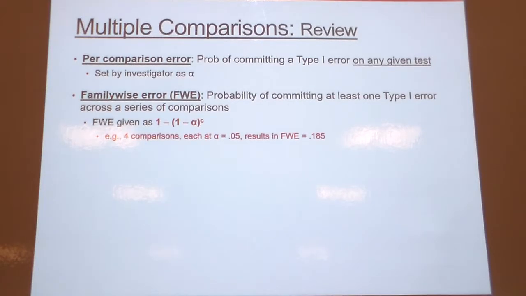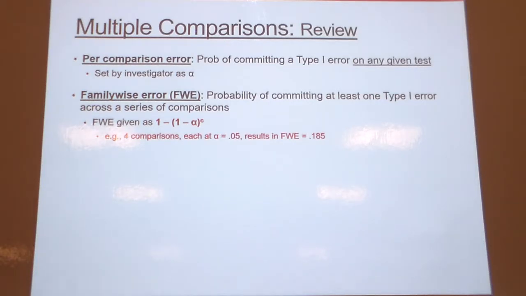But if we're looking at family-wise error, this is the probability of making at least one type 1 error across a set or series of comparisons. Calculate family-wise error as 1 minus (1 minus alpha) to the C power, C being the number of comparisons we're making. As an example, for 4 comparisons, our family-wise error rate is 0.185, which is nuts.